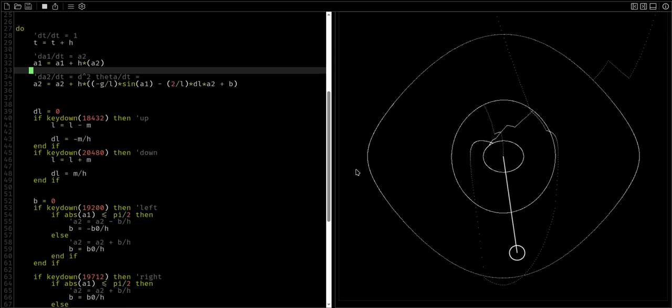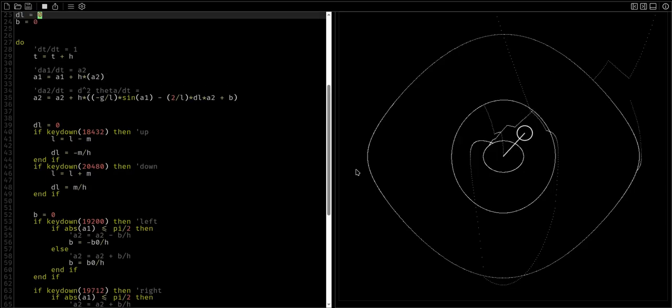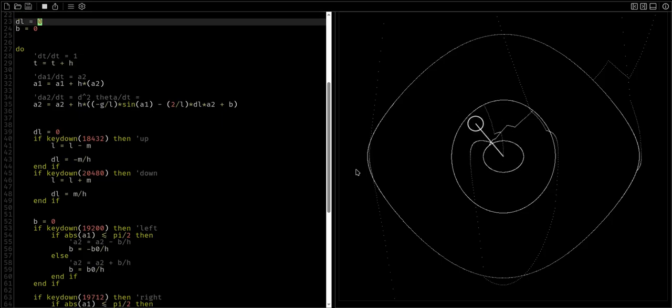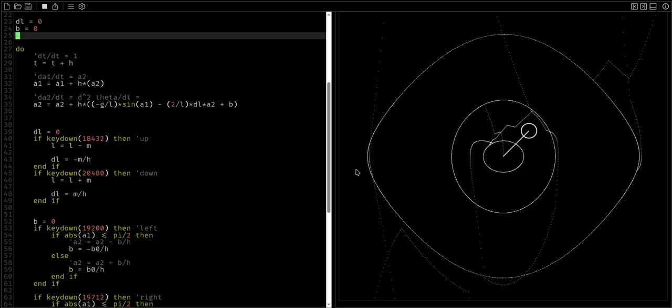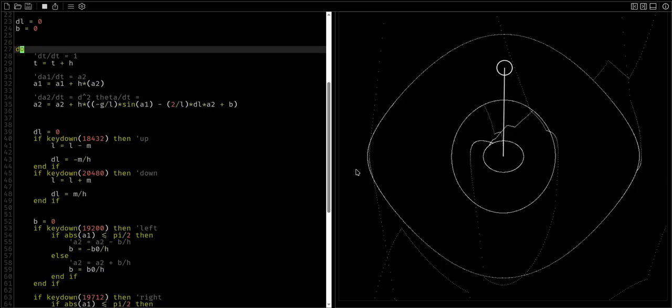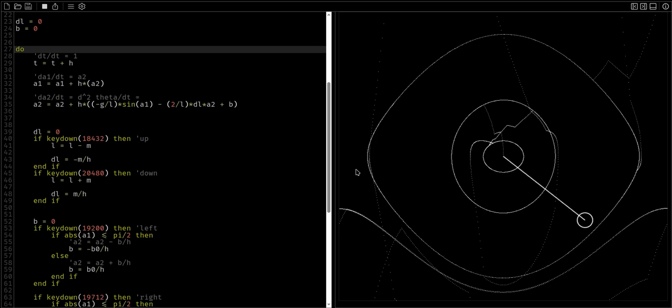And let's say, as we're swinging, we kind of speed up. And now we are in this, I don't know what you call this, unbounded region in phase space.